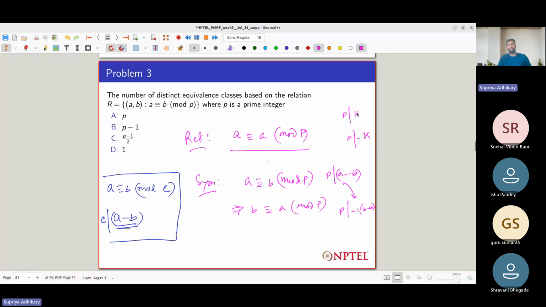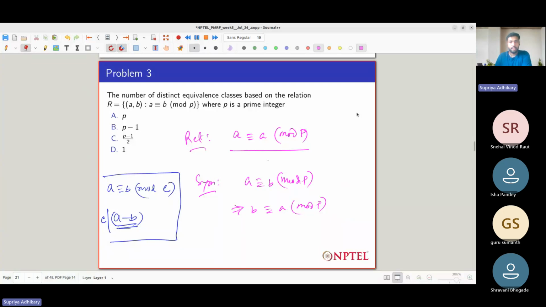This sign, minus or plus, doesn't affect the divisibility of this integer k. We can say that p also divides this integer b minus a, and that will imply that b is also congruent to a mod p. So reflexive and symmetric, these are true.